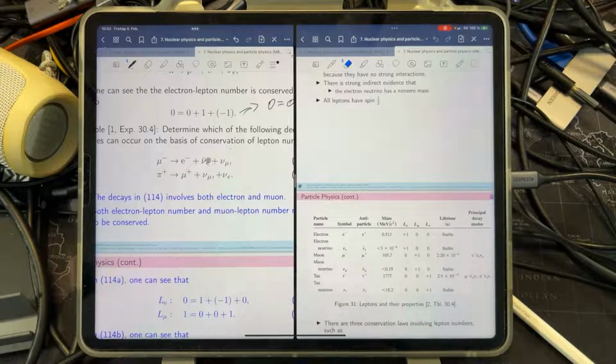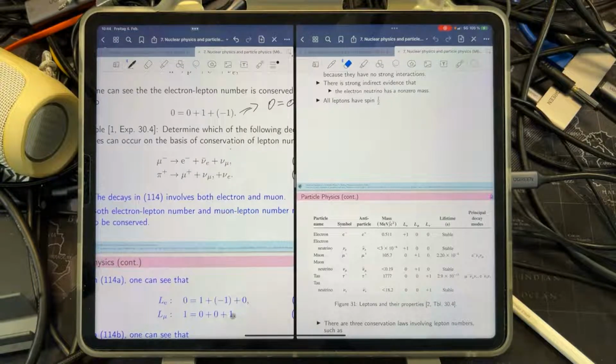The next one is electron antineutrino. Electron antineutrino has 0 muon-lepton number, so we write down 0. And the last particle, muon neutrino, has +1 muon lepton number. So we write down number 1 here.